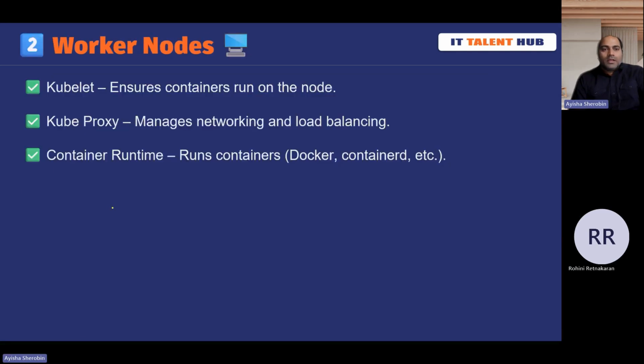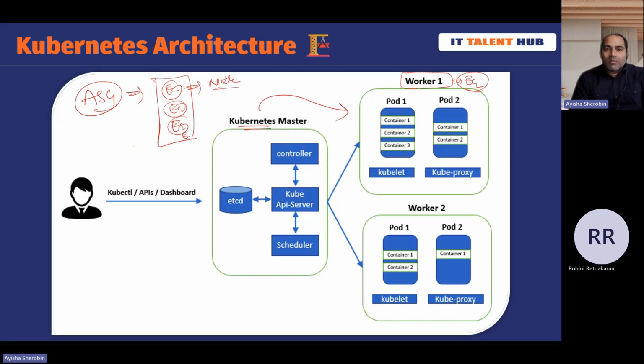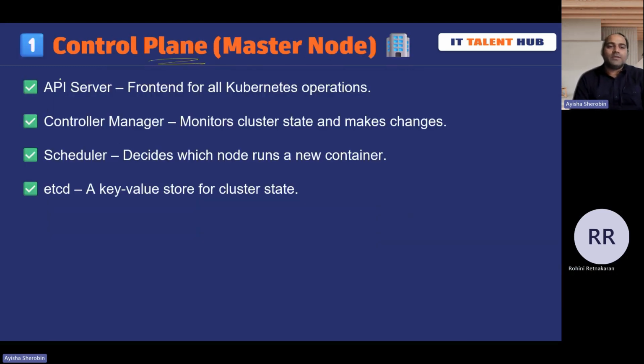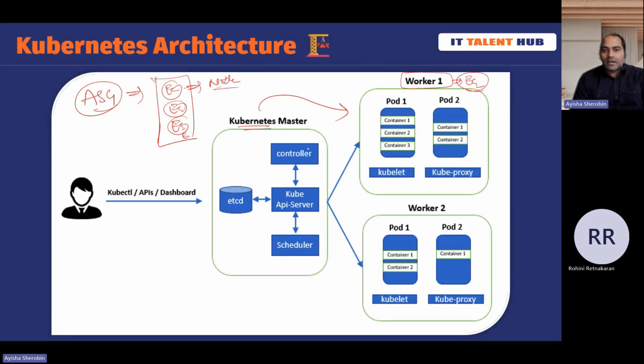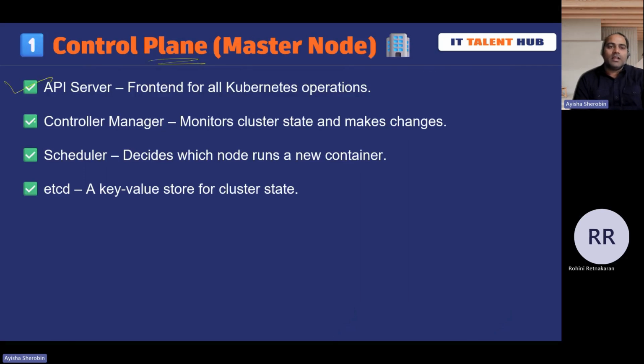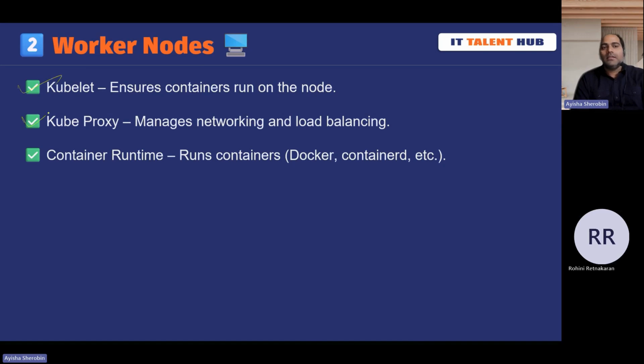Now, as we are talking about Kubernetes architecture, in the control plane, as we discussed, there is a controller, there is a kube API, scheduler, and etcd. These are all the components of the control plane, and these are all the components of worker nodes.